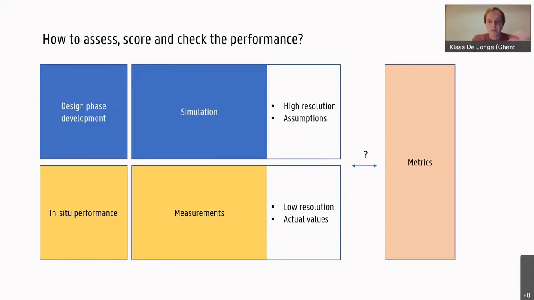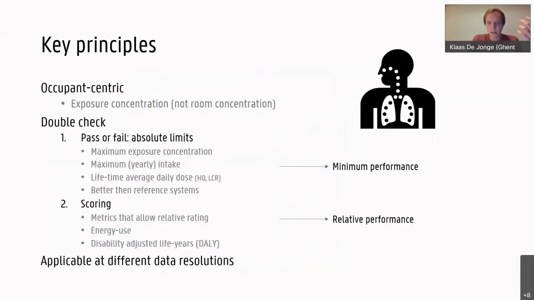Now, to handle this problem of resolution and how it fits to a metric, we define some key principles we think performance assessment should have. The first one is that it should be occupant-centric, which means that it shouldn't be based on the room concentrations, but should be based on exposure concentrations.